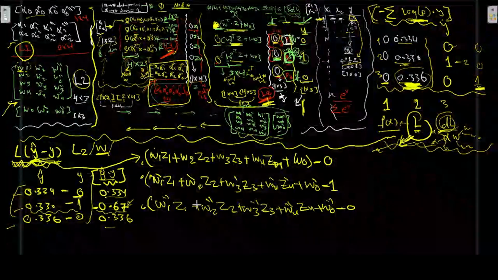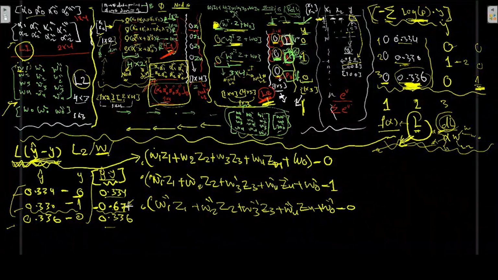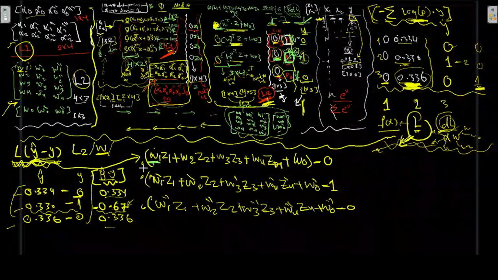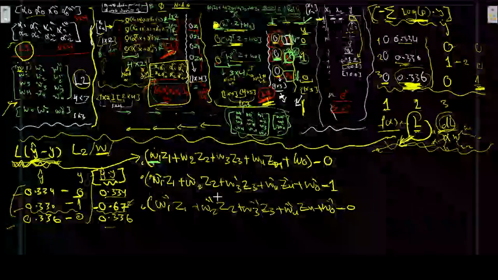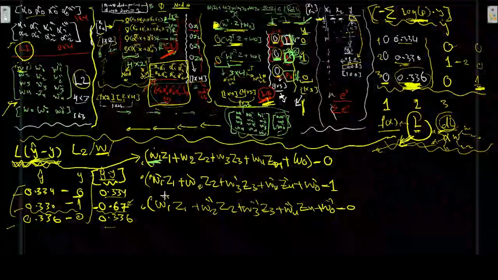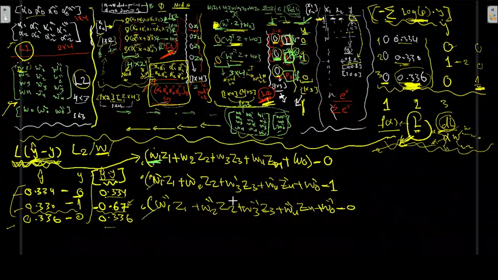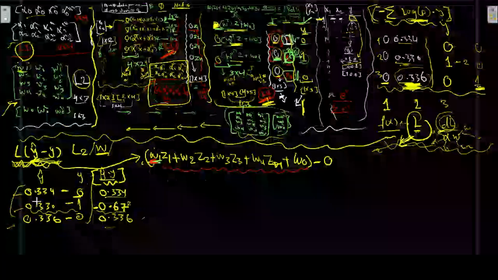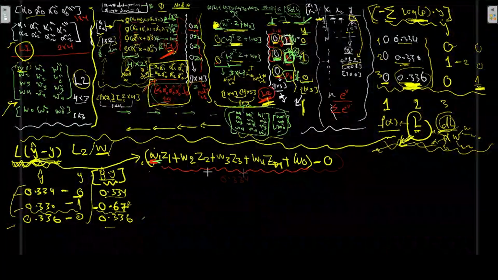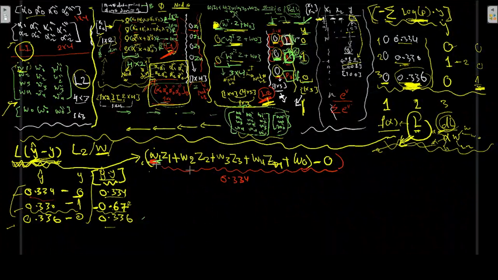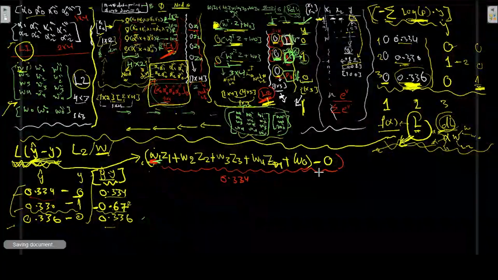Now, we're trying to take the derivative of this entire thing in terms of only W1. Obviously, in this entire thing, W1 is mentioned only in one place. I mean, this W1 is only here. So the other terms already cancel. I don't have to look at them at all. If you remember this entire value, it's 0.334, right? Now, what's the derivative of this in terms of W1? It's not hard to figure that out on your own.